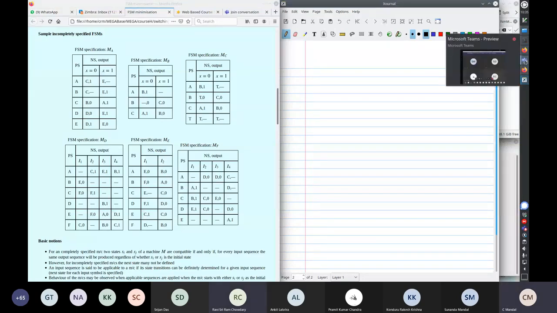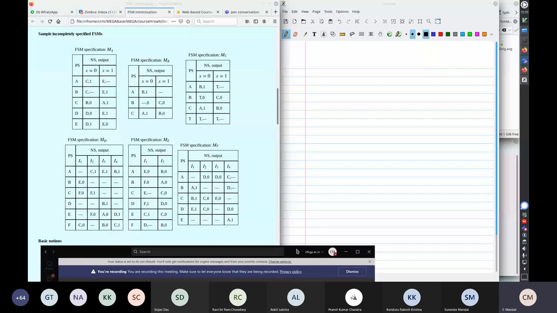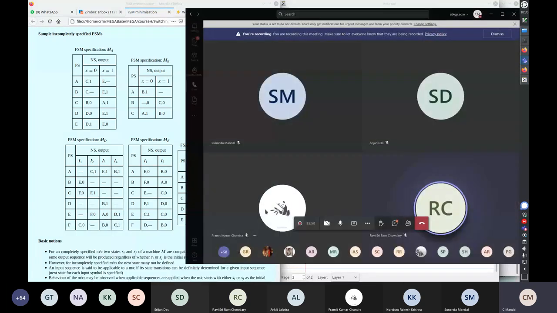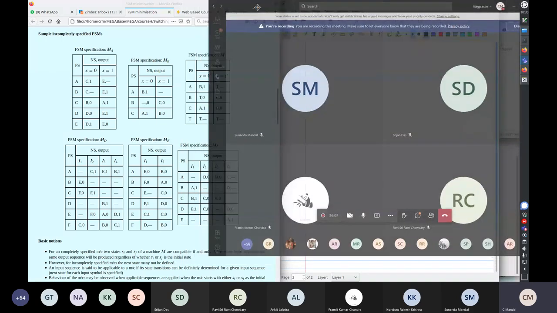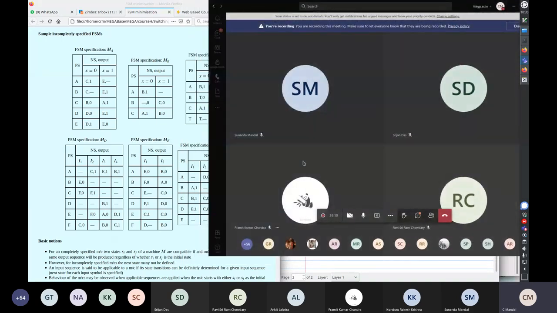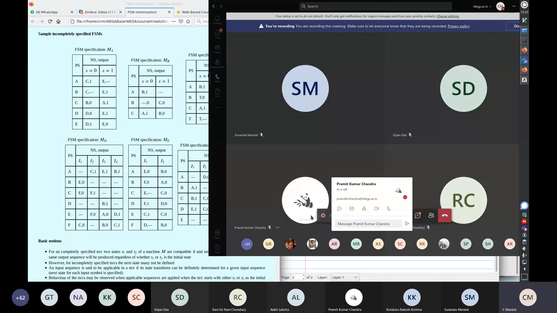Pramit Chandra, what about if you look at the machine MD over here? So states A and B, can they be compatible? Yes? Pramit, are you there? Hello?